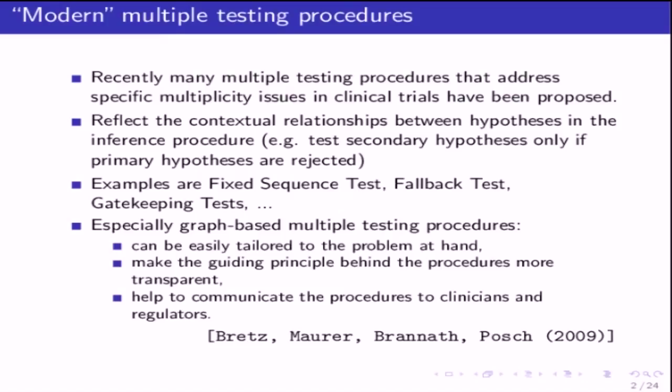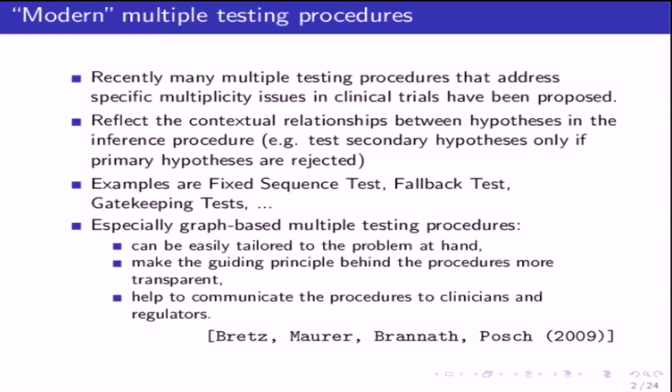So, we know that in recent years many modern multiplicity testing procedures have been suggested in the statistical literature, and many of these multiple testing procedures allow us to address multiplicity issues in clinical trials, so very complex issues, and they also reflect the contextual relationship between hypotheses in the inference procedure.